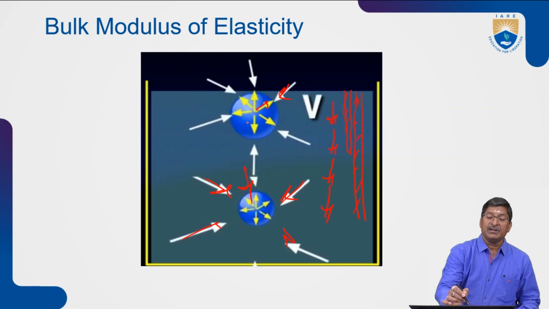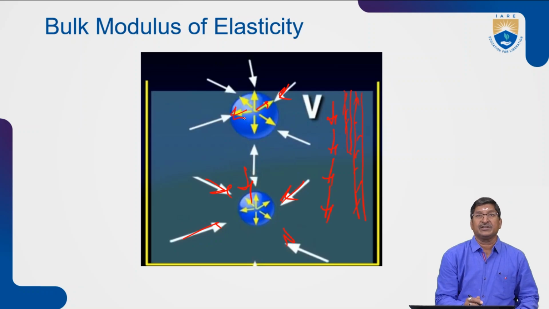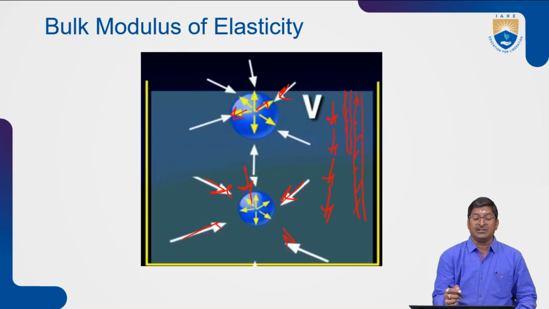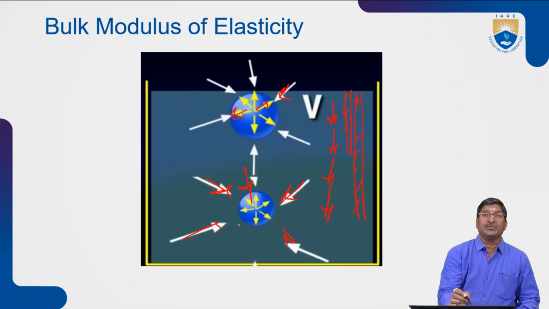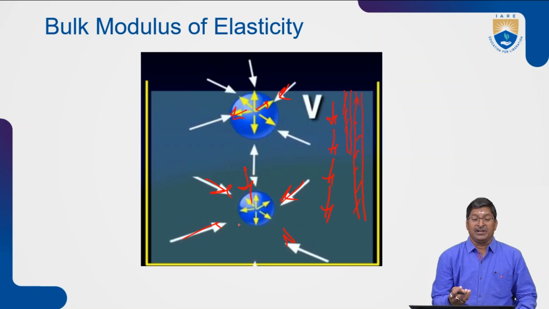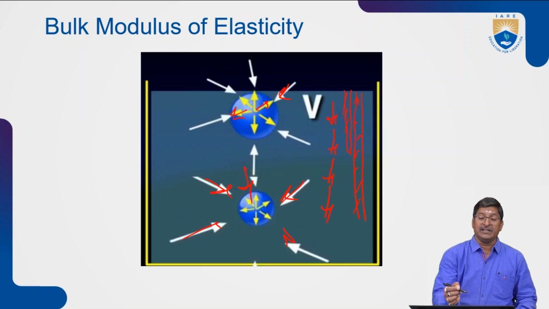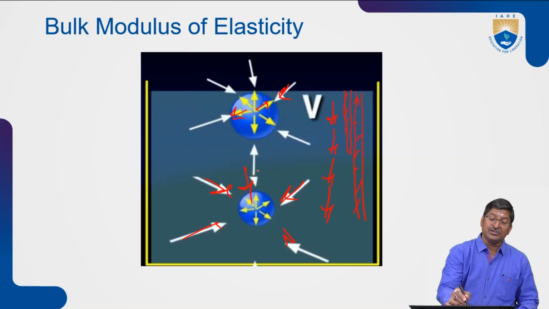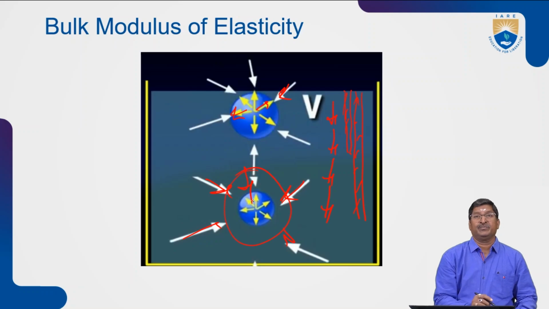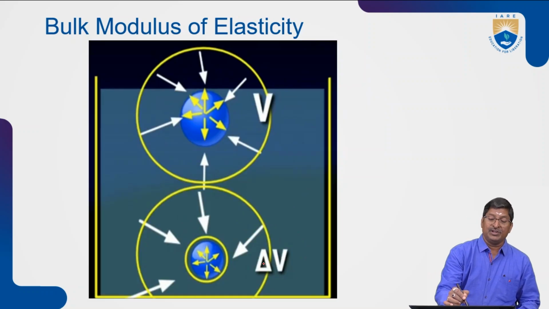Whenever the internal pressure and external pressure are equal and you increase the load beyond that, internal forces cannot be created. Resistance cannot be created. Hence, the volume is decreased from this much to this much. Here it is the volume, and here delta V is the change in volume.